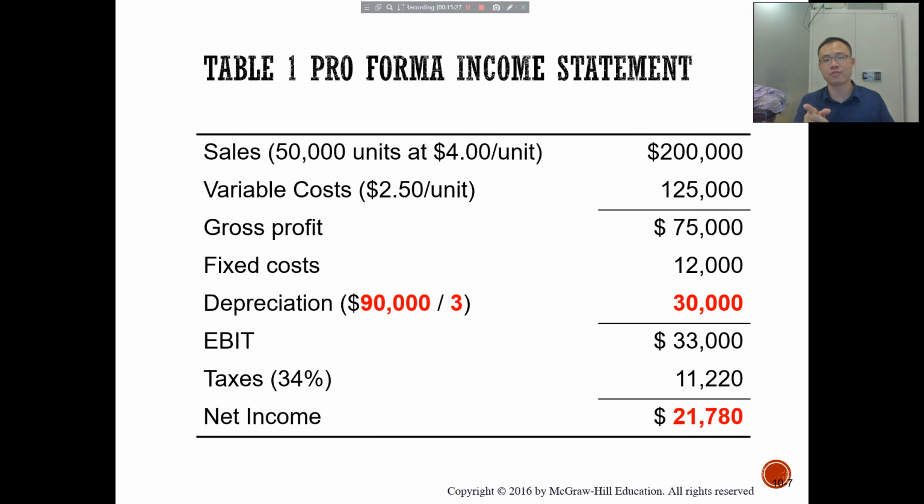But in cash flow analysis, we should be very careful. We should realize that only in the first year, $90,000 is paid. And in the next 2 years, no cash is paid. So deducting the depreciation of $30,000, we have EBIT, earnings before interest and taxes, of $33,000, minus the taxes, we have the net income.